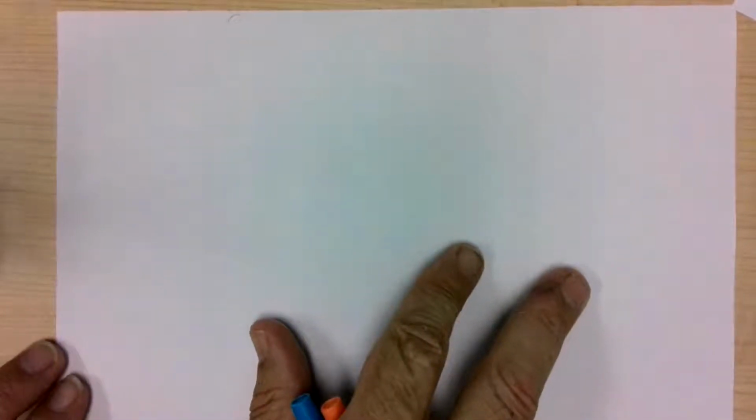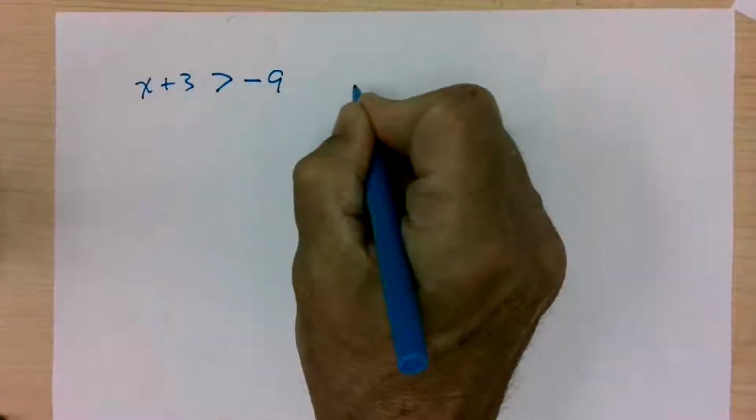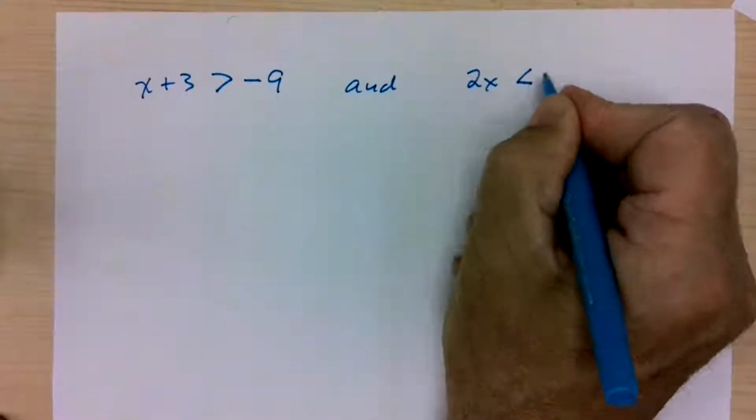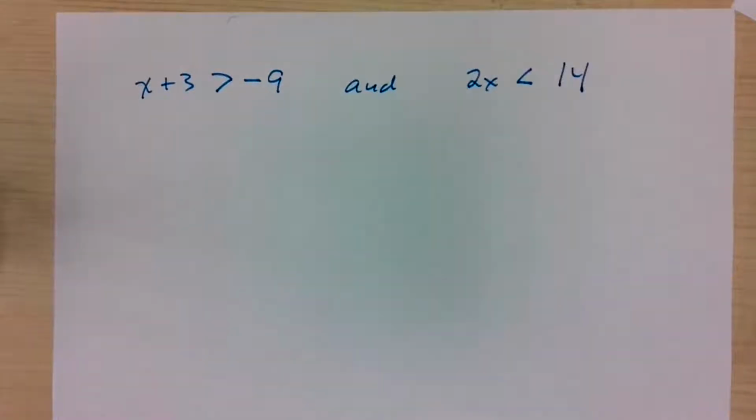So if I have something like x plus 3 is greater than negative 9 and 2x is less than 14, I want to find out which points are true for both.